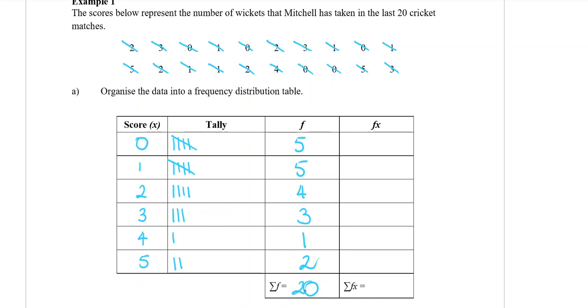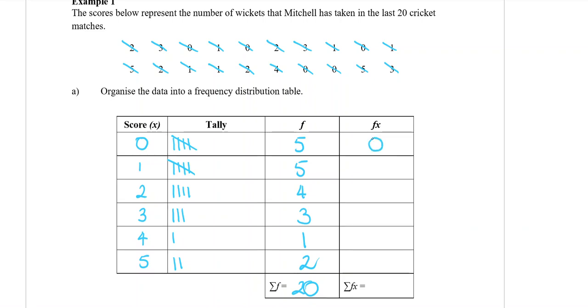Our next column at the top says Fx. F is the frequency, and over here x is the score. It means I want to times them together. Fx means 5 times 0, which is 0.